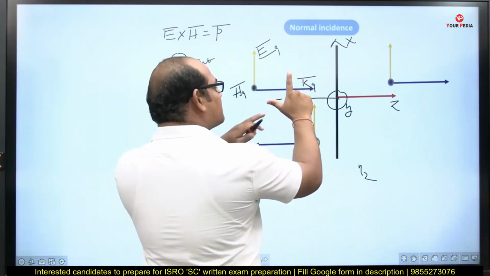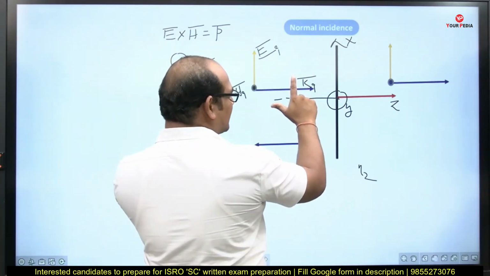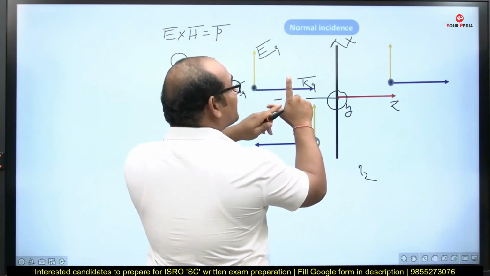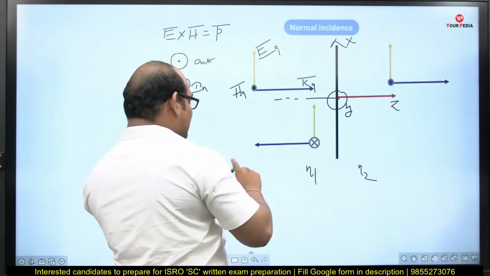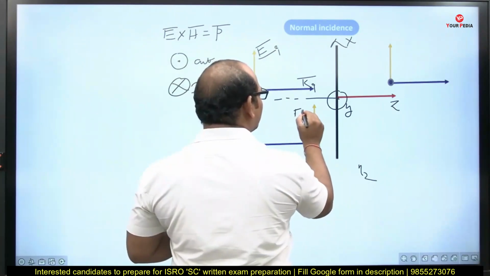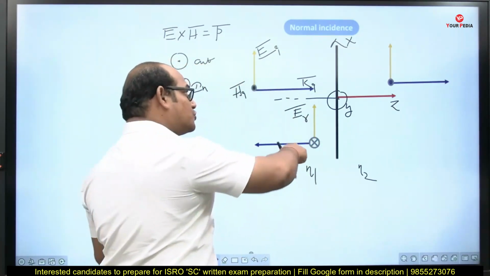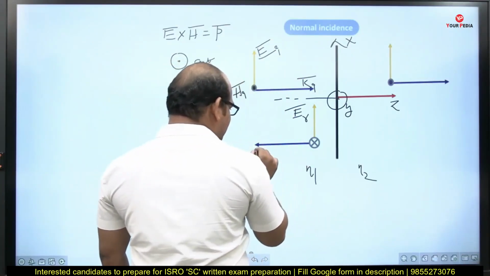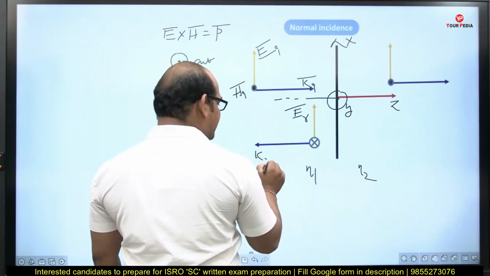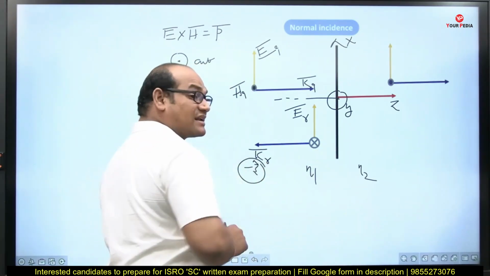Whenever it is reversed, this thumb is representing the negative Z direction, that means the reflected wave. But this forefinger is again representing upside, towards the positive X direction. That means there is no change in the electric field vector. The reflected wave electric field is also towards the positive X direction, and the negative Z direction is available for KR.